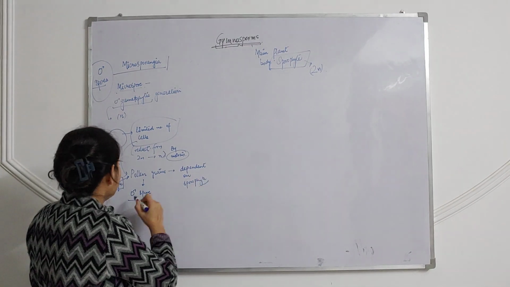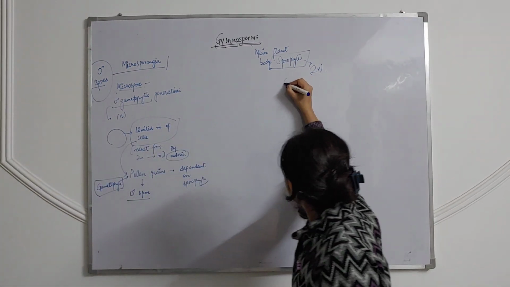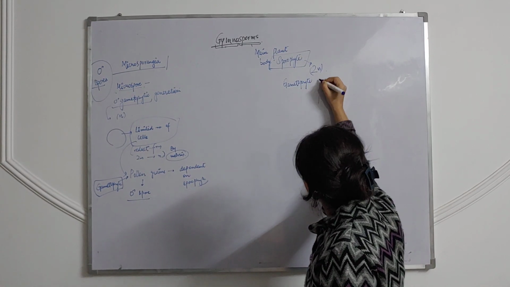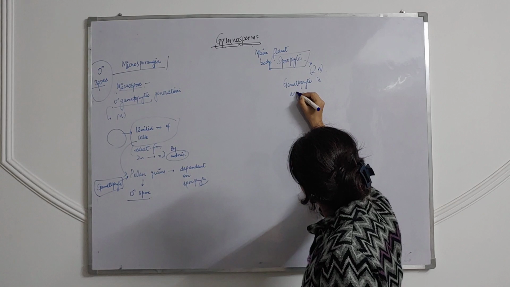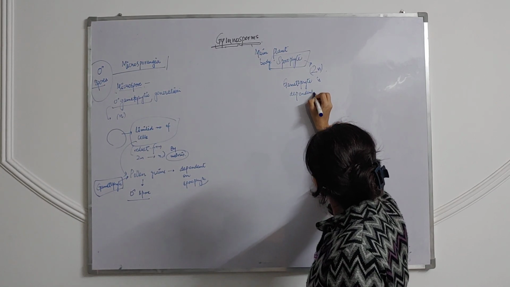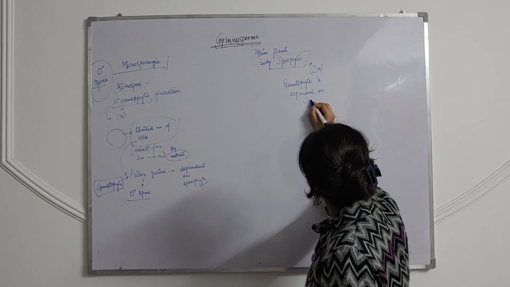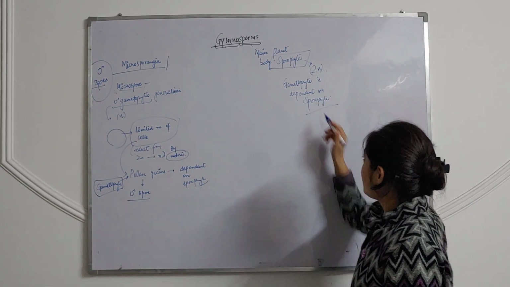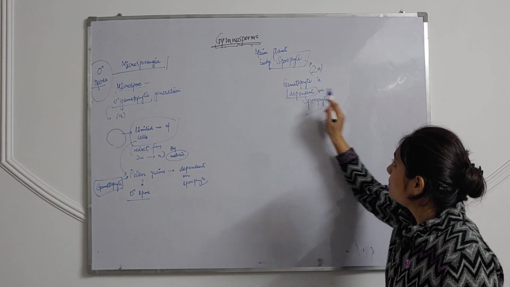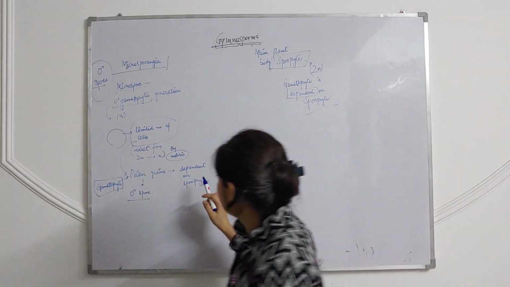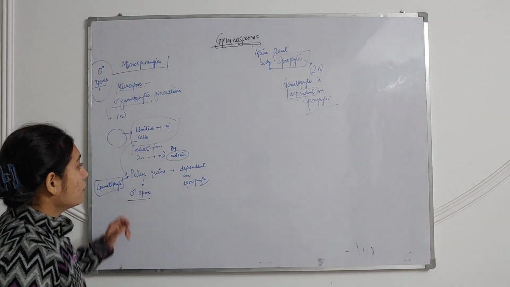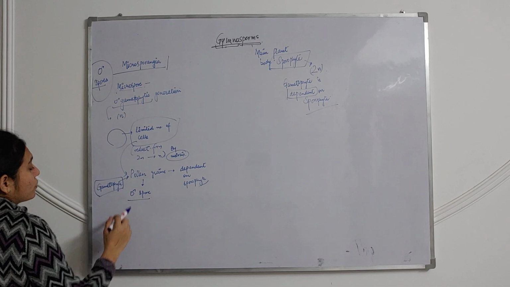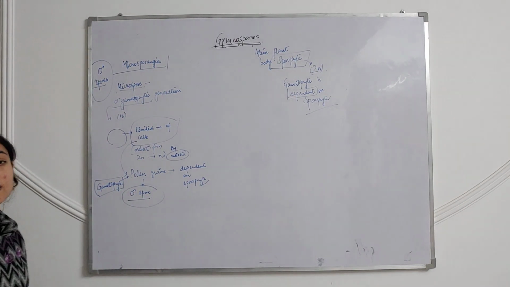Here, the gametophyte is dependent on the sporophyte. Dependent means it remains always on the main plant body. Okay, so this is the microspore or the production of the male gametophyte.